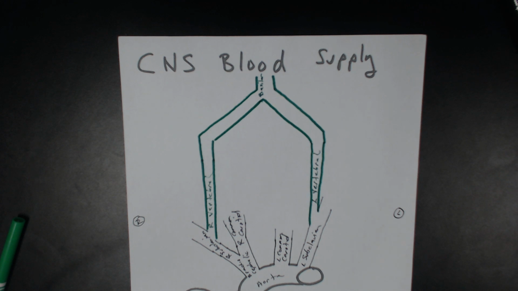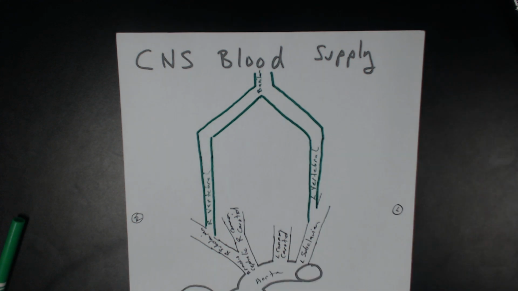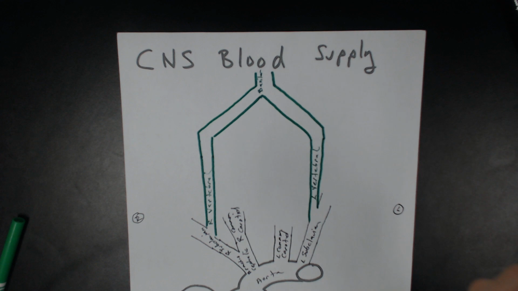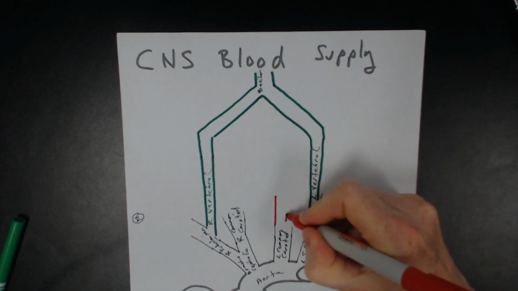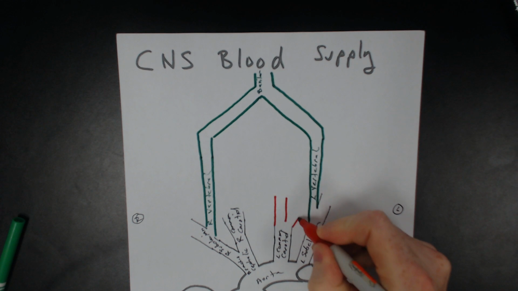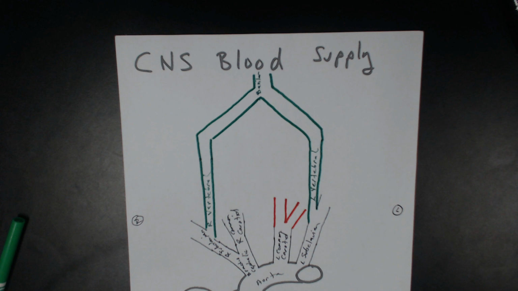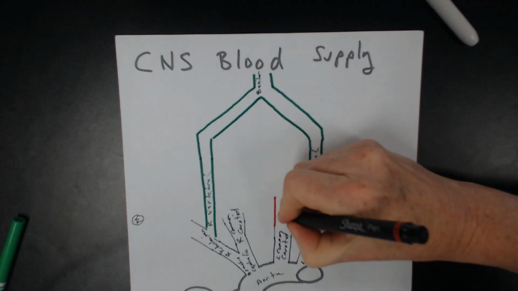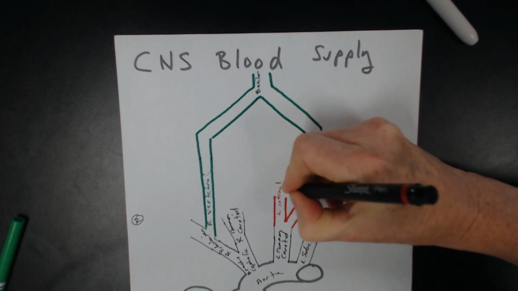Now we have this other part to worry about here. Coming off the left common carotid, it's going to branch into two different things. We're going to have an artery that goes that way, and then an artery that branches more to the outside. Does anyone know what those are coming off the common carotid? Correct, yeah, so that's going to be your left internal carotid.